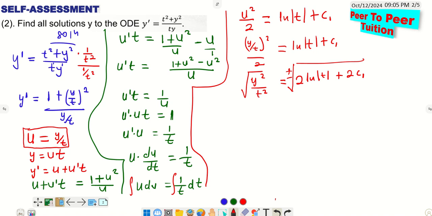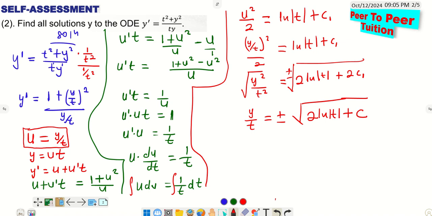So I have y on t should be equal to plus or minus the square root of 2 ln t plus 2c1, but 2c1 is still a constant, so I can say c.